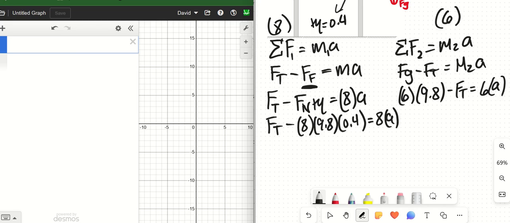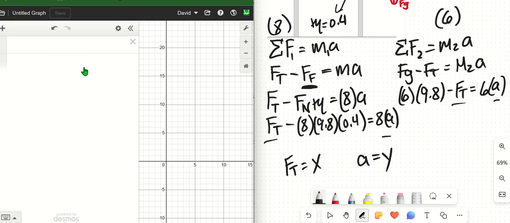Okay, so I can see on this one I have 2 unknowns. I have 2 unknowns over here. So what I'm going to do is call the force of tension X, and my acceleration Y. I'm going to set these into Desmos. Okay, so for my first equation, I have my force of tension.